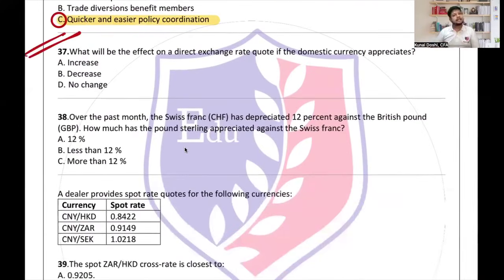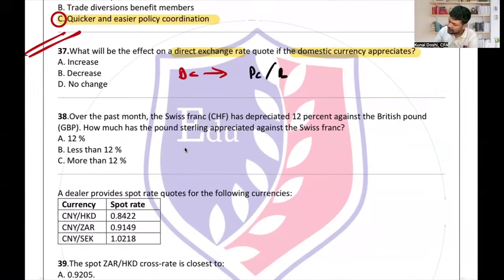Now we move to currency. What will be the effect on the direct exchange rate quote if the domestic currency appreciates? First of all, let me tell you what a direct quote is. A direct quote is the one where the foreign currency is the base currency. See, normally how do we write a quote? We write the quote as price currency to the base currency. In the direct quote, the price currency is the domestic currency, slash the foreign currency.